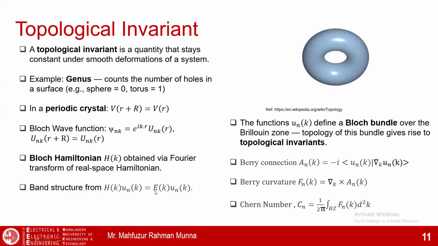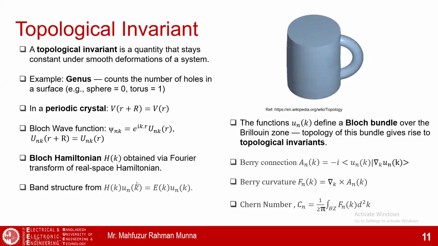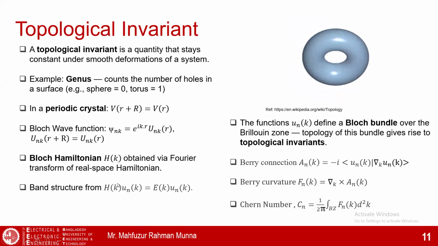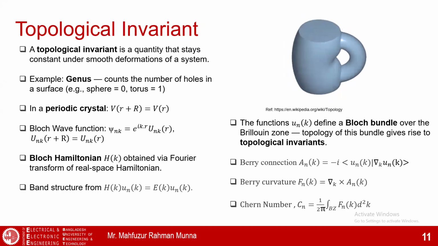Now this E of k gives us the energy band structure, and from the evaluation of the Bloch bundle u_nk, we can calculate the topological invariant.